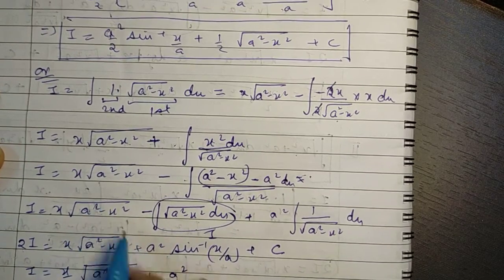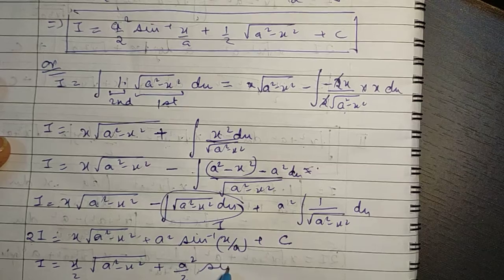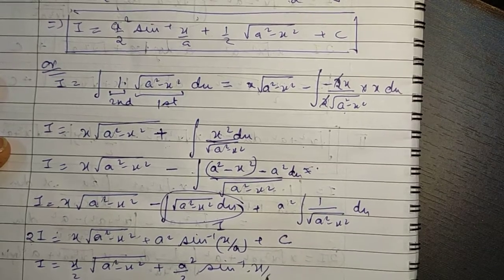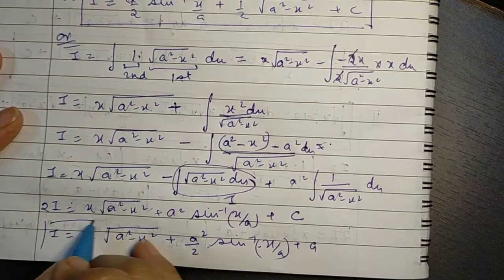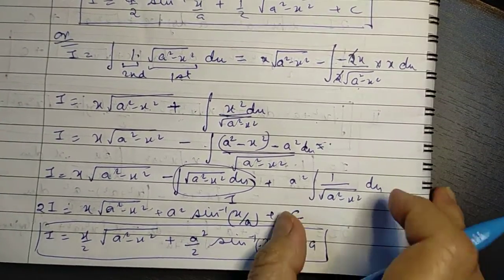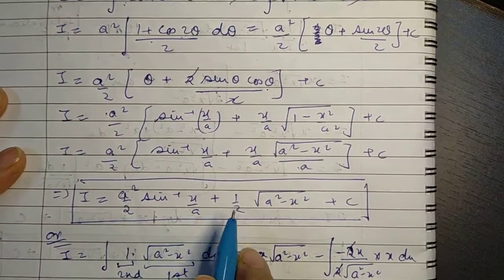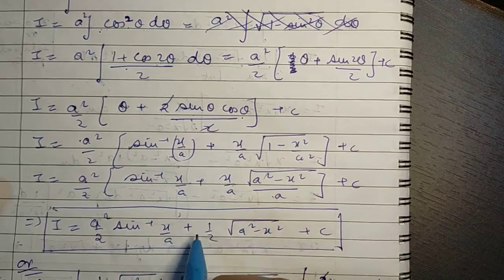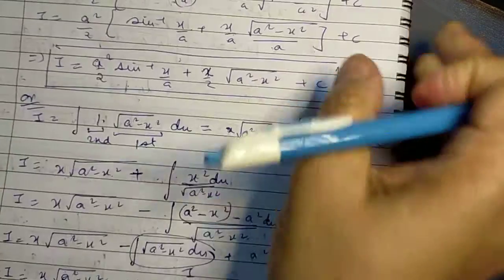Now here we have plus a squared by 2 sine inverse x upon a plus a constant, and this is the result for this one. Now if you just observe, there was an x also which we missed out, so it is actually x by 2 here, and this is the answer.